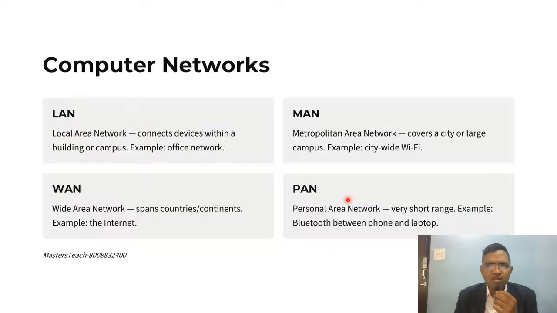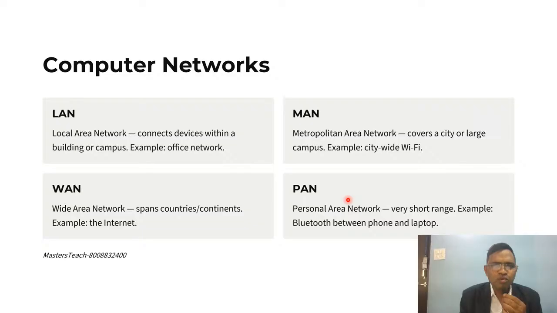Okay, then computer networks, and this is very important from your examination point of view. What are computer networks? One is LAN, that is local area network, which connects within the college campus, the school, or the office. That is a LAN.